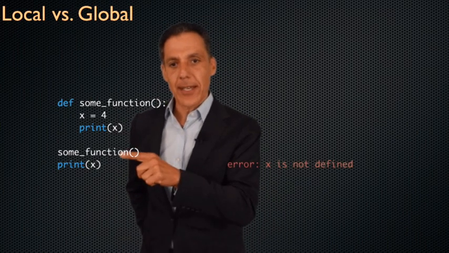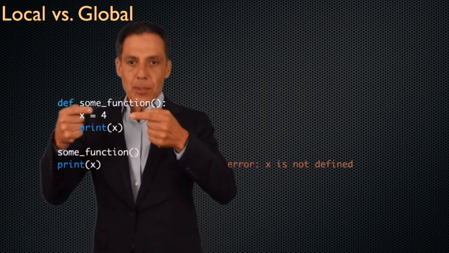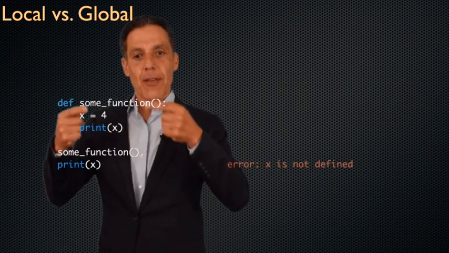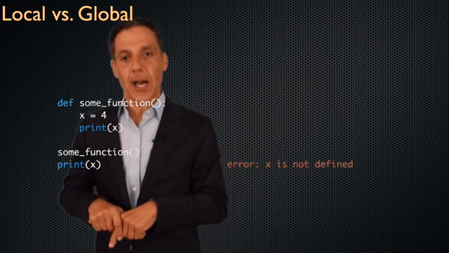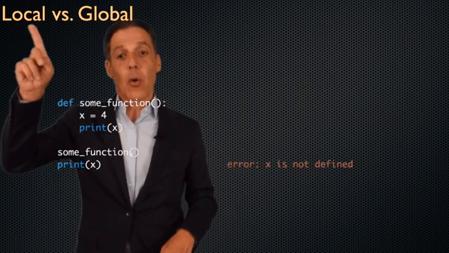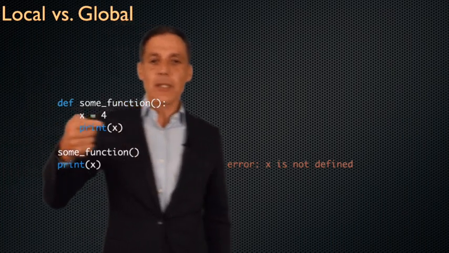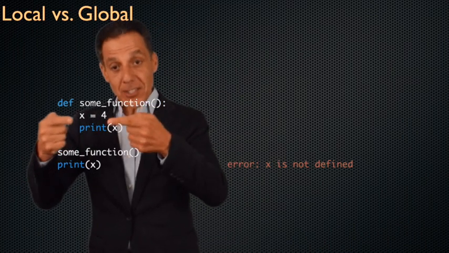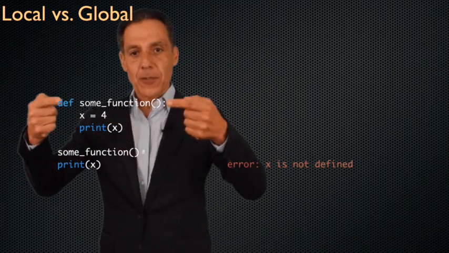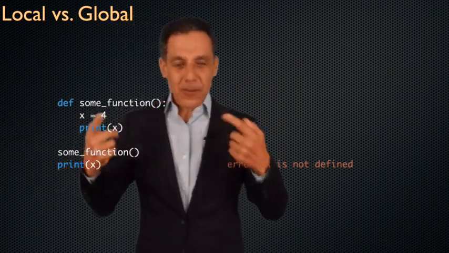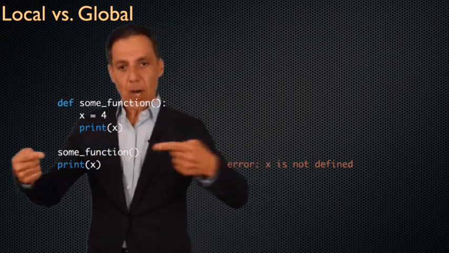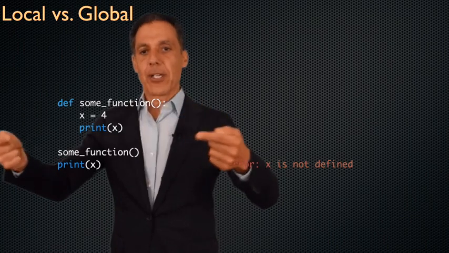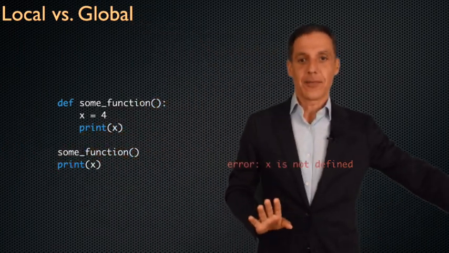And the reason why it's an error is that the scope of this variable is local to the function in which it is being defined. So this is called a local variable. The only body of code that has access to this value of x is this function, and it's fleeting, it's temporary. So when I call this function, we come up here, we assign, we print, and then it's gone.